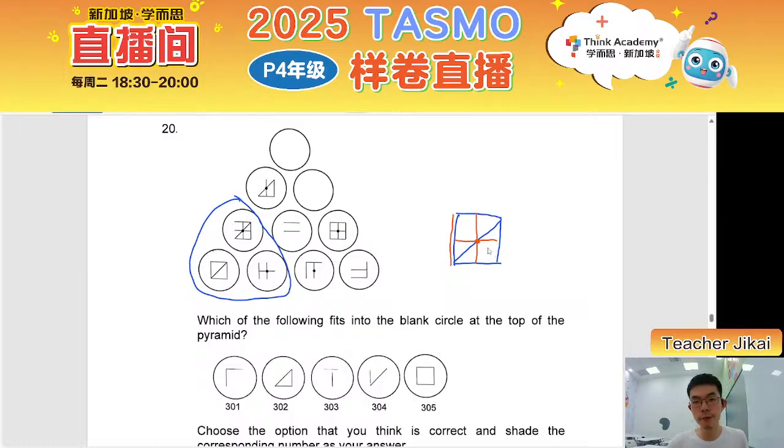So what is the difference between the overlap between this figure and the upper layer for here? Yes, the overlapping part is gone. So it means we need to remove the overlapping part. So we can get this kind of shape up here, right?